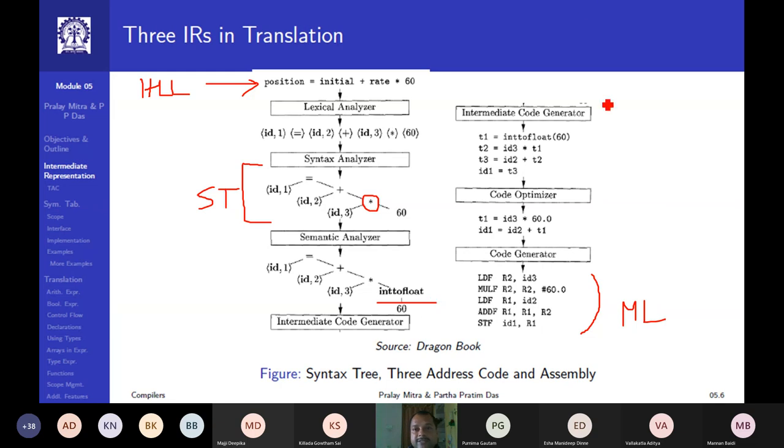After that comes the intermediate code generator, where this code, as I mentioned, is sometimes called the IR or three address code. This part is in between the high level language and machine level language.